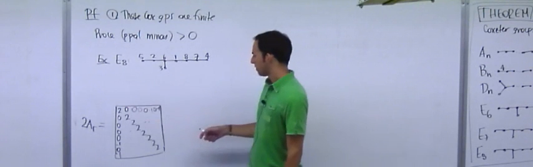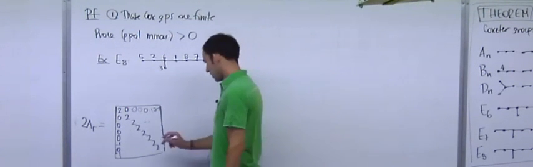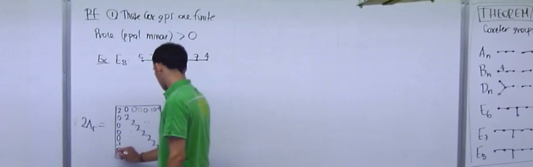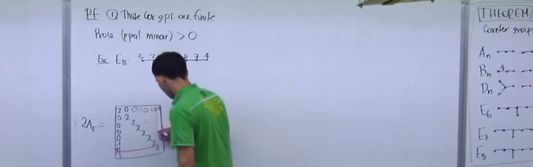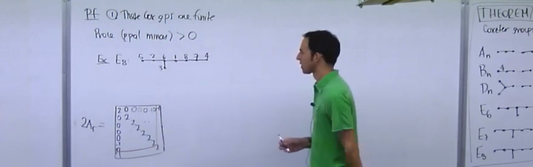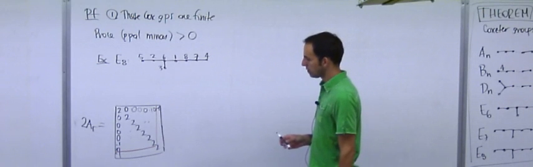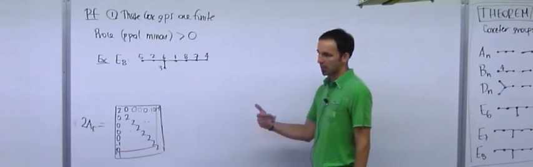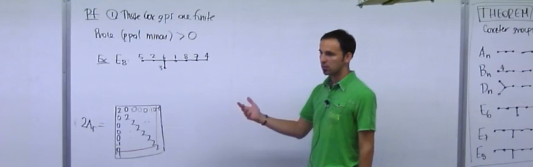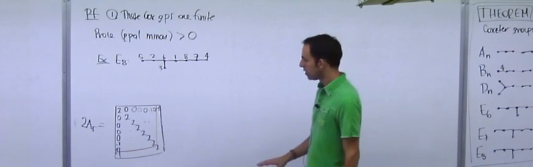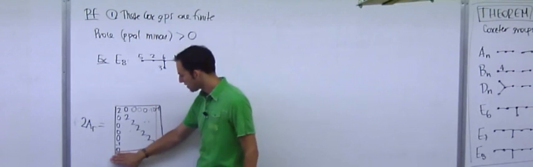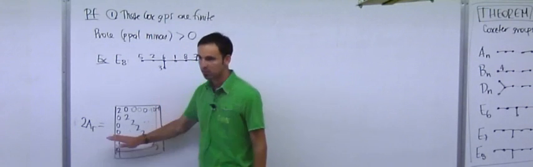Now, let's look, for example, at the 7th minor. What am I doing if I consider just the 7th minor and I need to prove that that determinant is positive? Well, if I take the 7th minor, basically what I'm doing is I'm forgetting that the 8th generator exists.